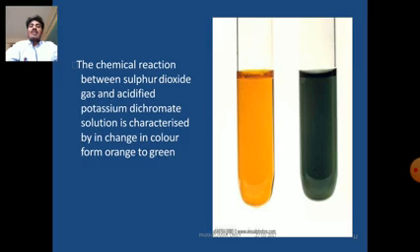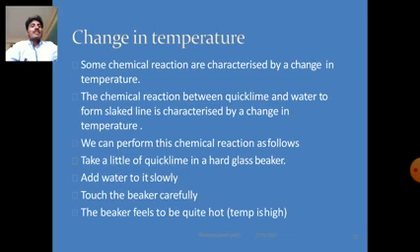Next, the chemical reaction between sulfur dioxide gas and acidified potassium dichromate solution is characterized by the change in color from orange to green. The change in temperature. Some chemical reactions are characterized by a change in temperature.